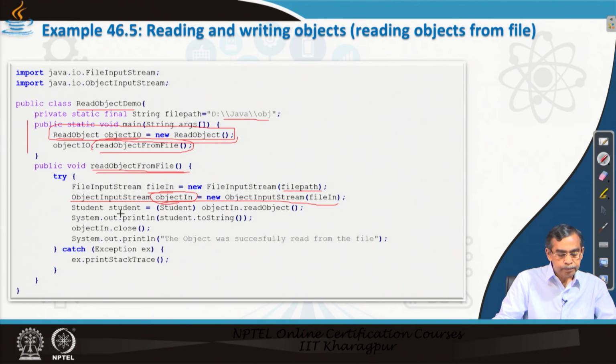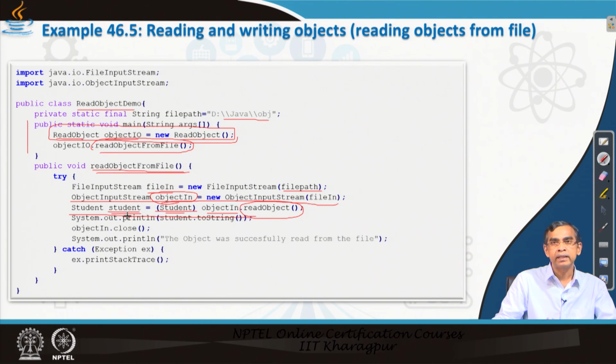Now, here a student object is declared, and then the read object method is called for this object input, so that it reads the object from the input file, and this is cast as a student type. So, the student object can be stored there. This basically reads the object which is of type student.